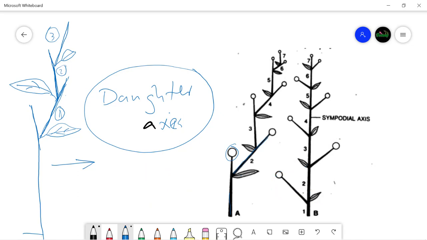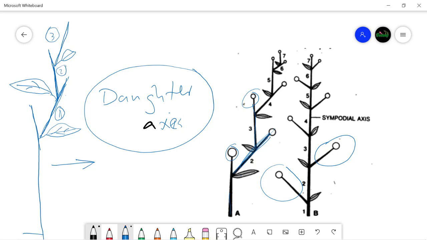So why has this pattern formed? Because the daughter axes, all the daughter axes, have straightened themselves out. They have become straight, due to which their apices have been pushed either to the left or to the right, depending upon whether it was the right branch or the left branch.